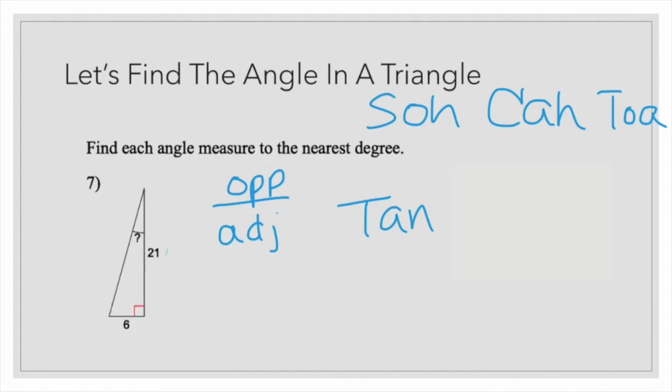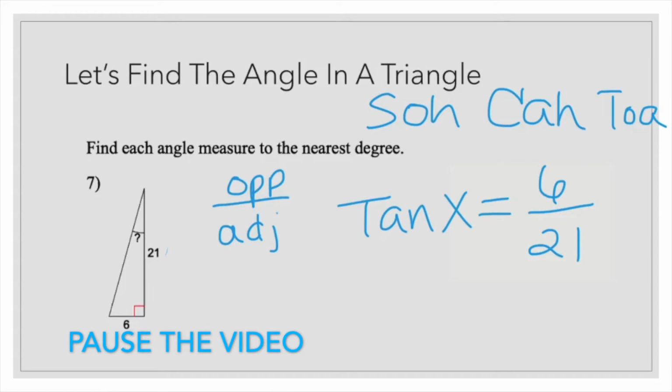Tangent, we always put the angle, but we don't know it, it's X. And we're going to put 6/21. Now this is like the last slide we did. We're going to need to get that angle, so we're going to have to use that inverse tangent. You're going to type in inverse tangent 6/21, close your parentheses, and hit enter. Go ahead and do that on your calculator and come back and check with me.